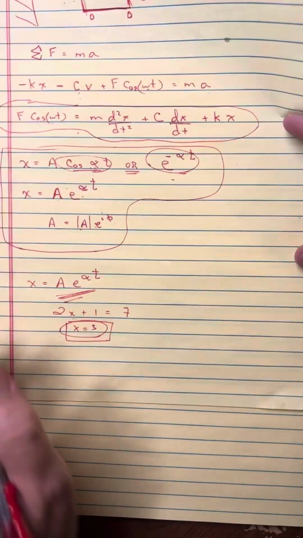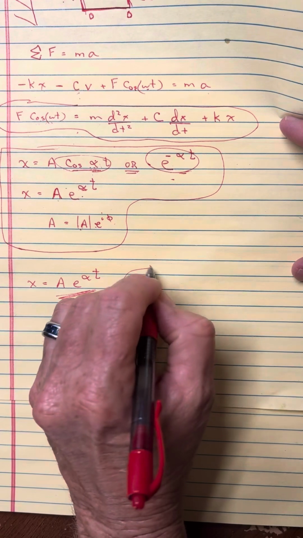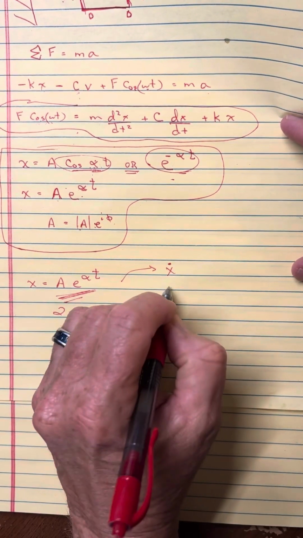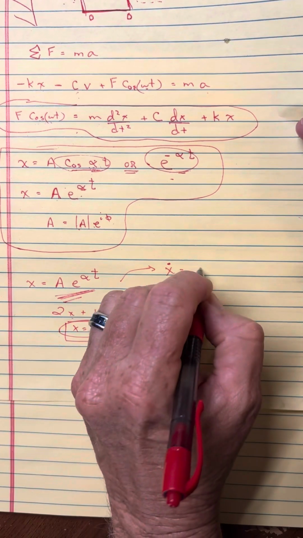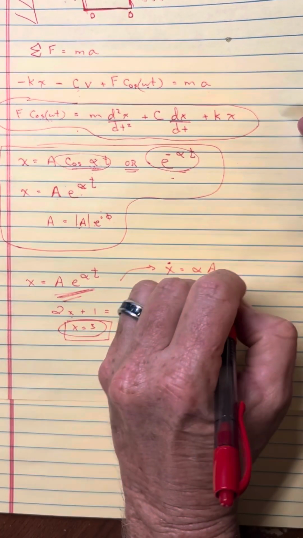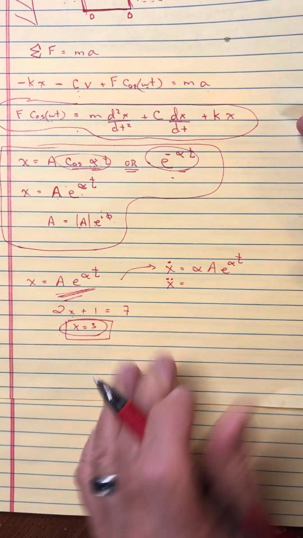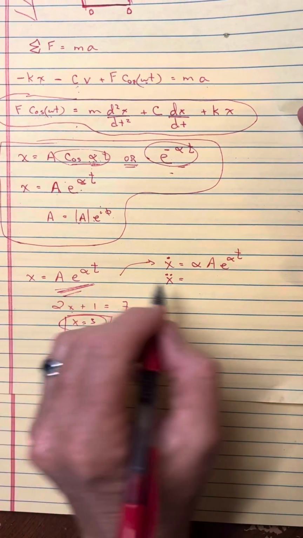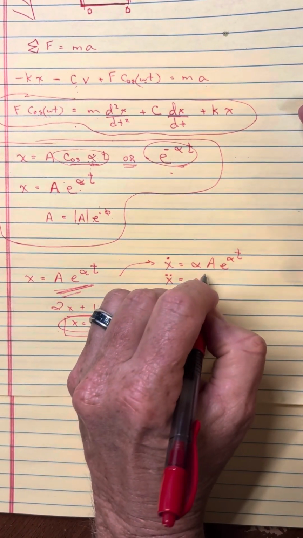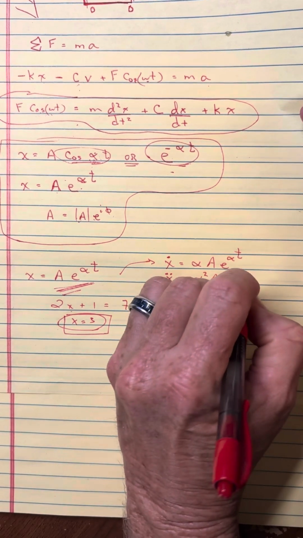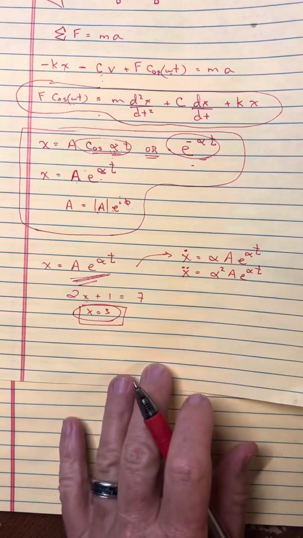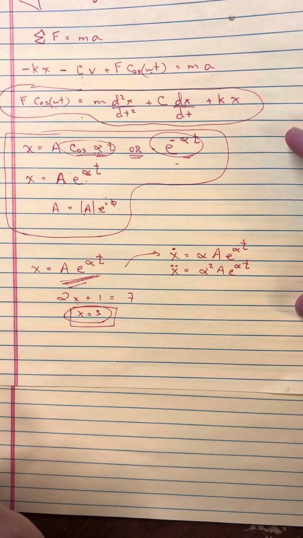Now, maybe it's worth writing here the first derivative and the second derivative, because the first derivative just pulls down an alpha and gives me the same function back, and the second derivative just pulls down another one. So these are eigenvectors and eigenvalues of the differential operator.